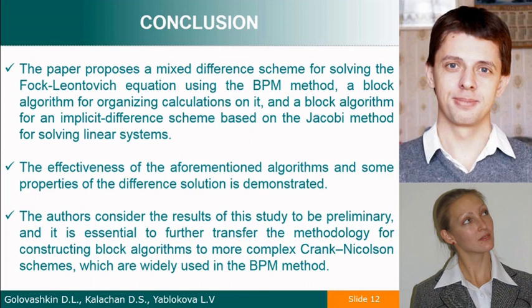The effectiveness of the aforementioned algorithms and some properties of the difference solution are demonstrated. The authors consider the result of the study to be promising and effective for further transfer of the methodology of constructing block algorithms to more complex canonical schemes widely used in the BPM method.